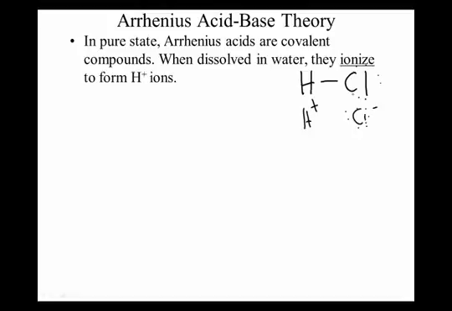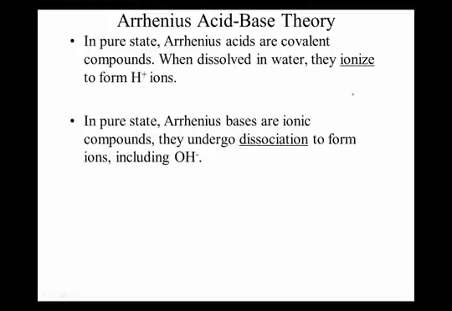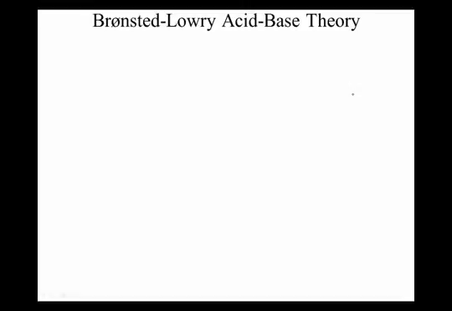So it's sort of this weird hybrid between a covalent and ionic compound. But again, the point is that it makes H+ ions when dissolved in water. And same thing with Arrhenius bases: they're just ionic compounds that have hydroxide in them as their anion.